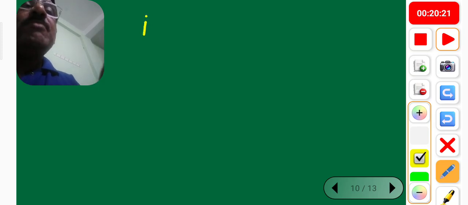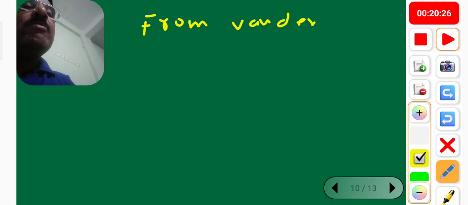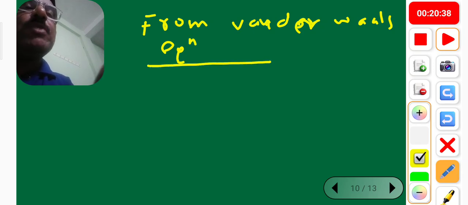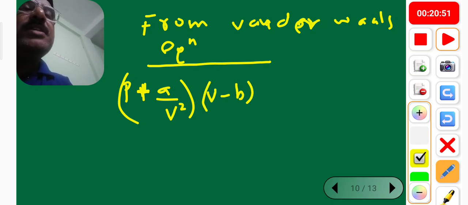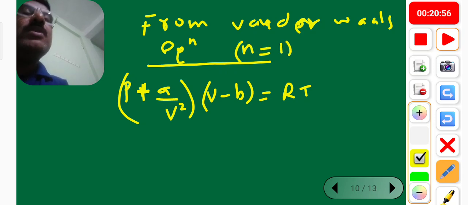Now from the van der Waals equation, which you already know, (P plus a/V²) into (V minus b) is equal to RT, for 1 mole of gas.